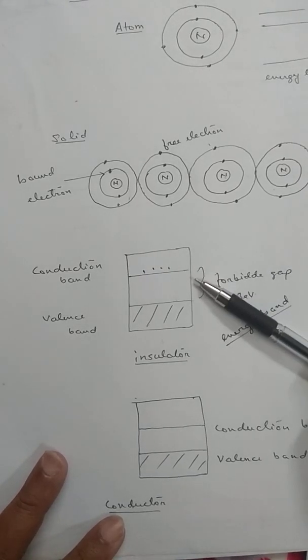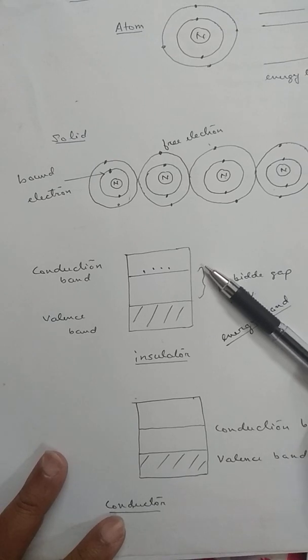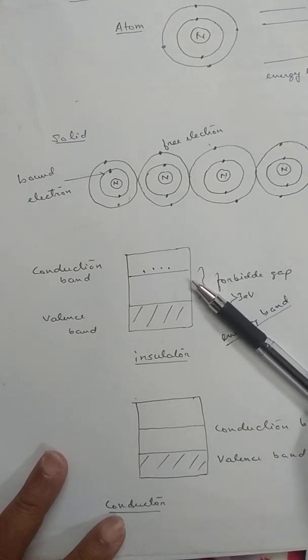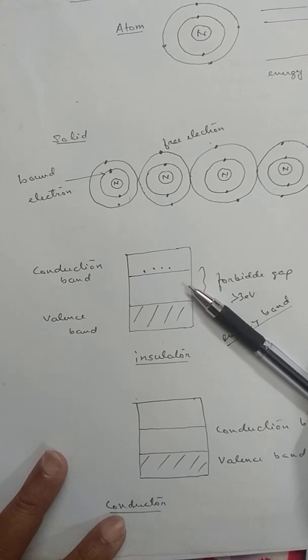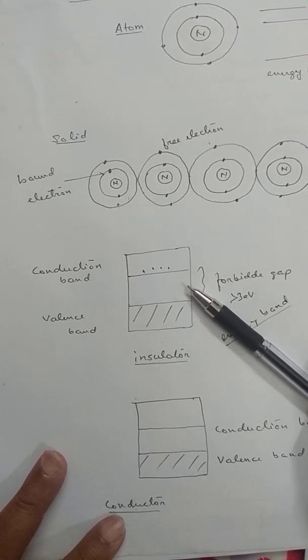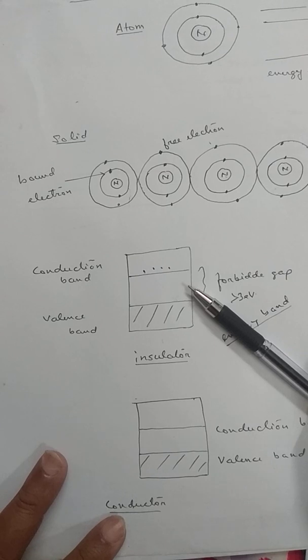Now, we know that all solids can be divided into three classes: conductor, insulator, and semiconductor. What is an insulator? Insulators are those solids through which electricity and heat cannot conduct.